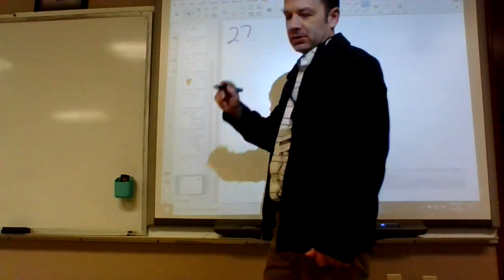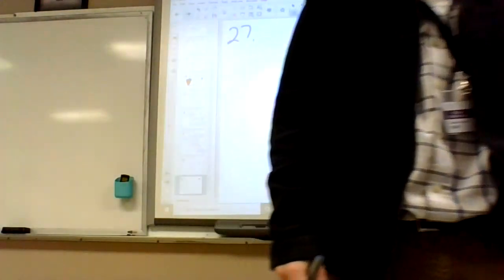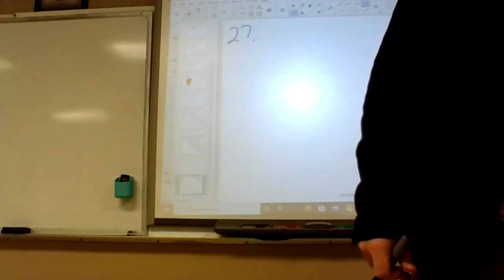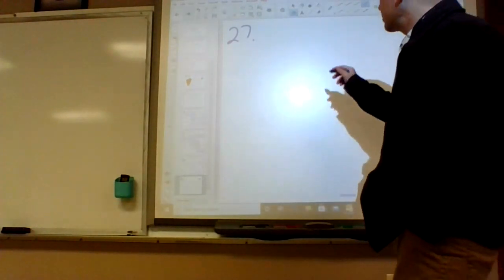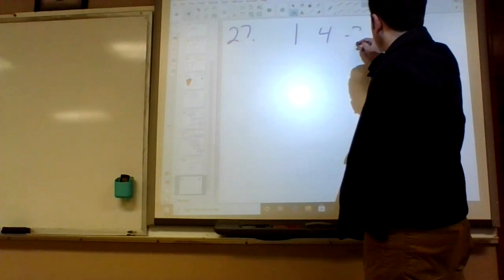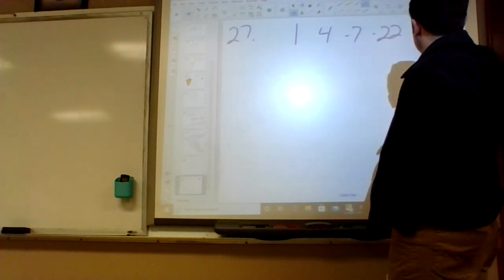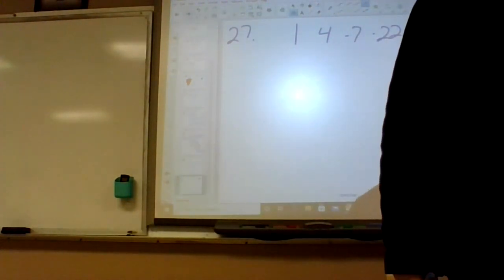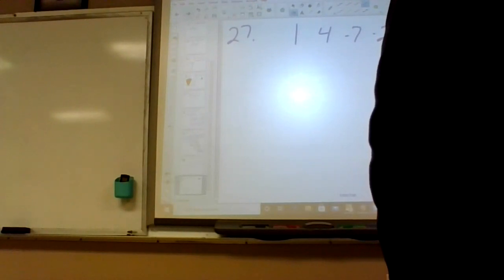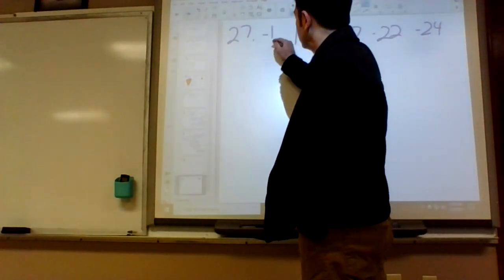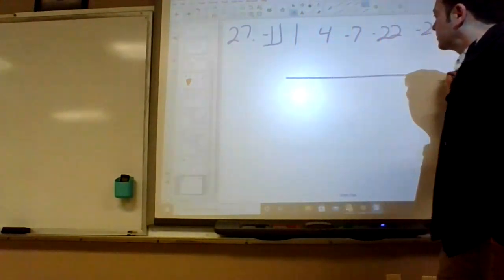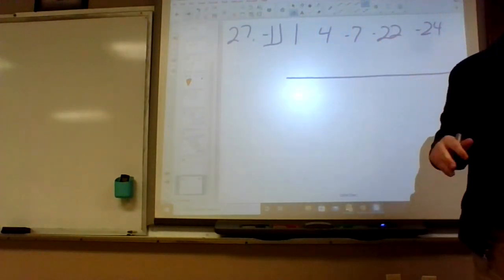What are the coefficients for 27? 1, 4, negative 7, negative 22, 24. And the thing it wants us to do is negative 1. Would that be negative 1 or would it be 1?